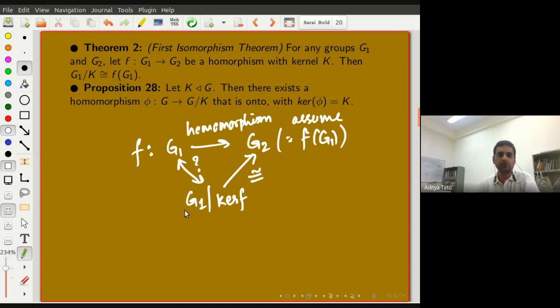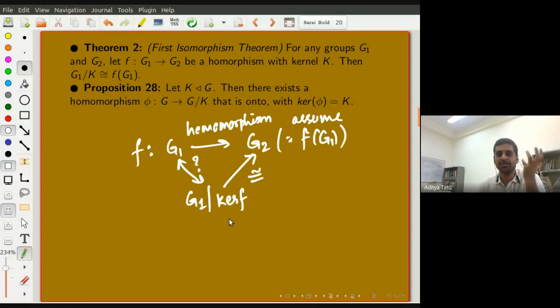That is what proposition 28 addresses. It is a slightly more general result. Remember, in theorem 2 we were specifically looking at the quotient group with respect to the kernel of a homomorphism, which happens to be a normal subgroup also. But it is just one example of a normal subgroup in G1.